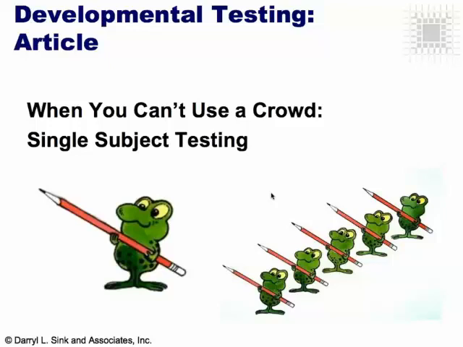We're going to be producing 200 modules in automotive and diesel mechanics for vocational schools in Saudi Arabia. And not only are we going to produce them, we need to try them out in English and then translate them, and they'll be tried out again in Saudi Arabia at a vocational school there. And that's where I was first introduced to something called single subject testing when it came to tryout and revision.